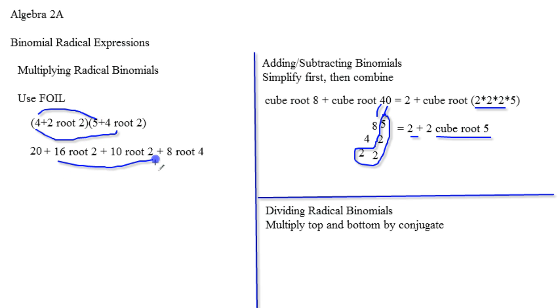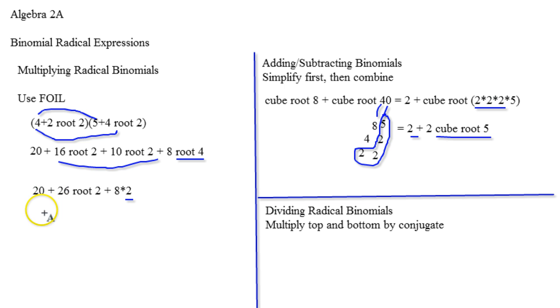So we're going to combine these two because these both have root 2's. And so we got 20 plus 26 root 2, and then the last one is going to be 8 times 2. Why does it turn into 2, you say? Because when I'm simplifying root 4, the square root of 4 is 2.